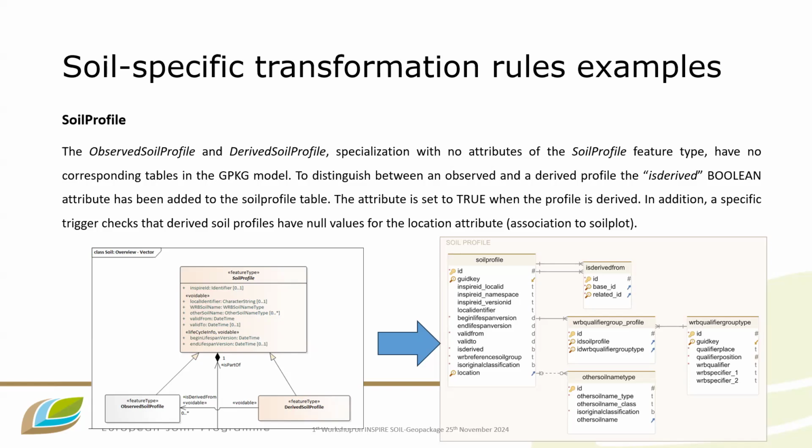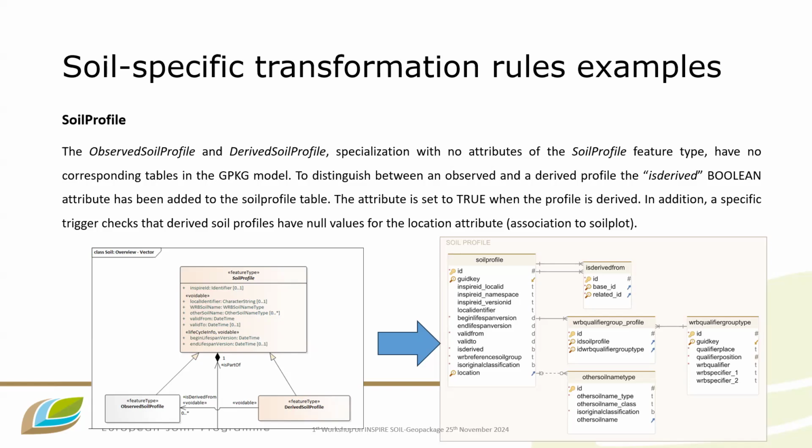So to streamline the database, avoiding creating two identical tables, only the name would have been different, observed soil profile or derived soil profile, we create only one soil profile table, adding an attribute of Boolean type, specifying if it is observed or derived. And this attribute is set to true when the profile is derived, clearly.